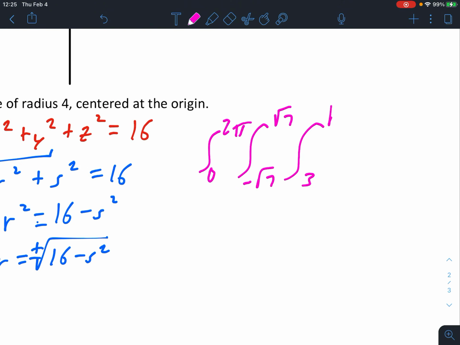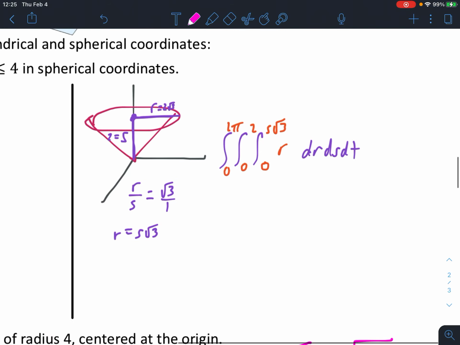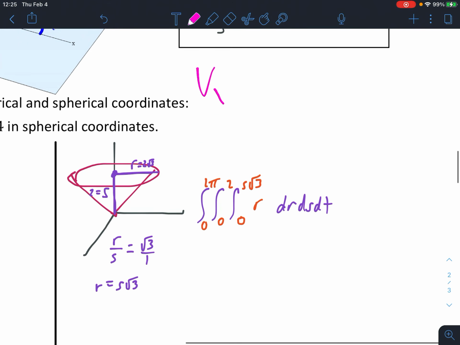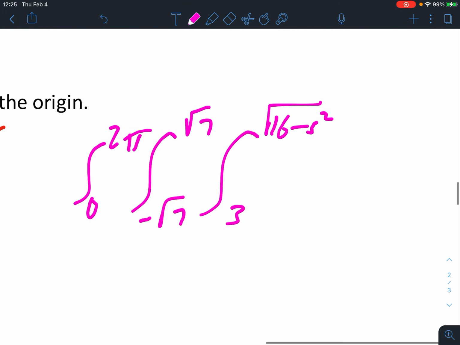It's going to go out to positive root 16 minus s squared. And I don't think I talked about this before, but the volume conversion factor in cylindrical coordinates is just r. So this is going to be r, and then dr, ds, dt.